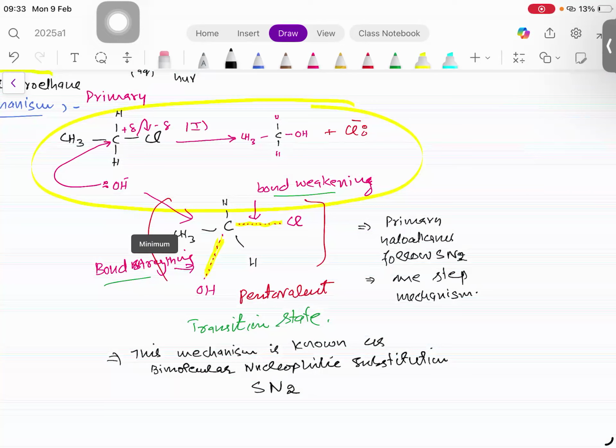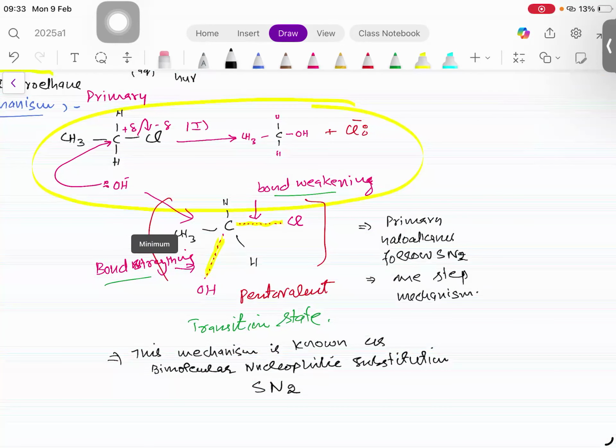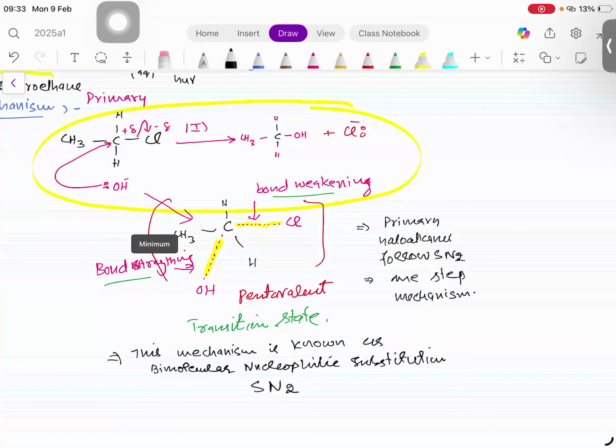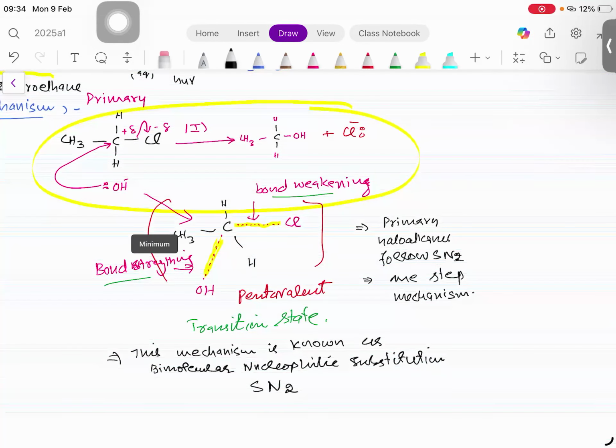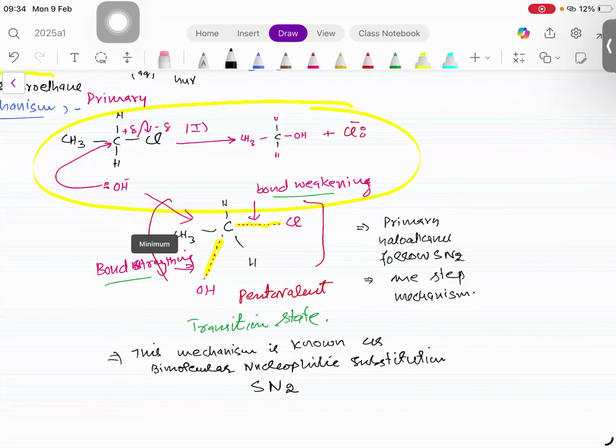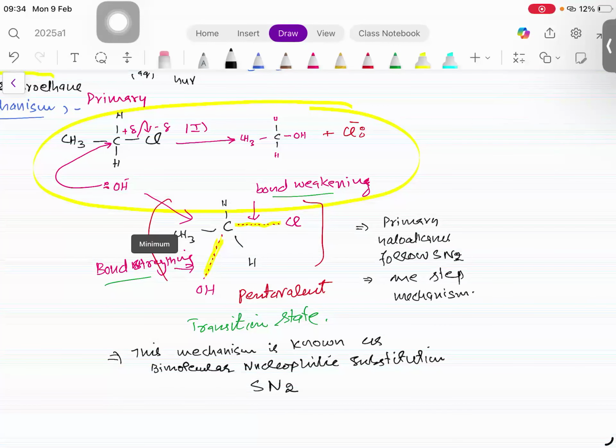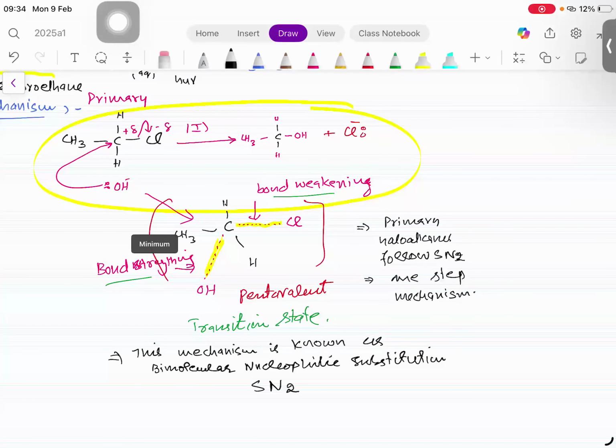On the other hand, in SN2, first let SN1 be clear. It means it's Anastasia who decides when she's going to leave this chair alone. So the reaction speed depends on that. In how much time the substitution will take place depends entirely on Anastasia.